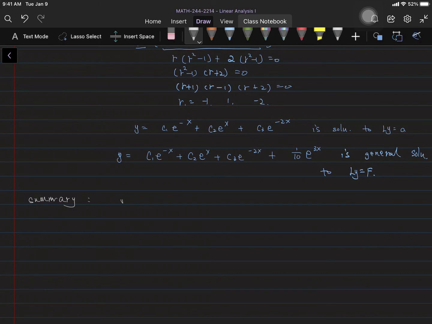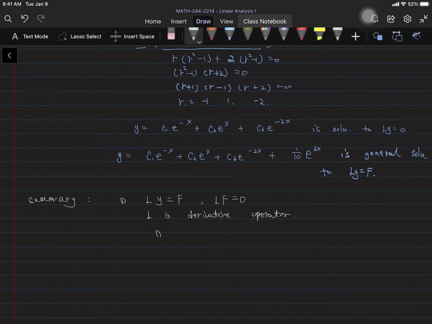Summary for this section. Firstly, we learned the operator way, and we learned the meaning of homogeneous and non-homogeneous, right? And L is the derivative operator.